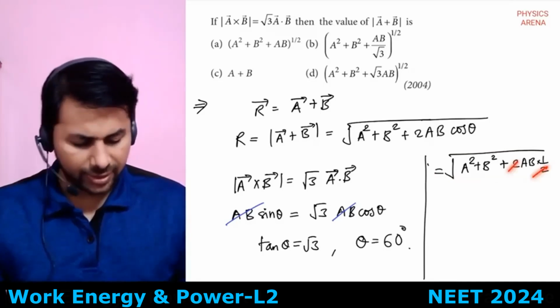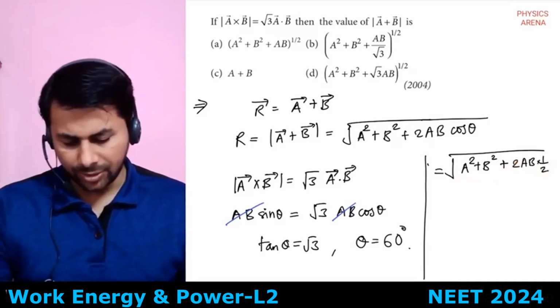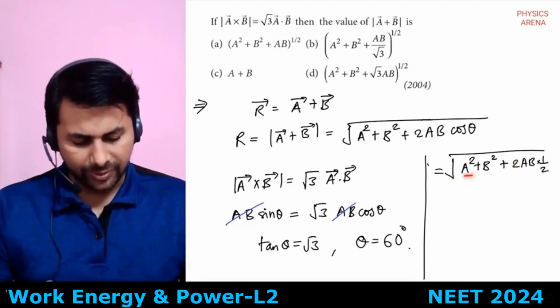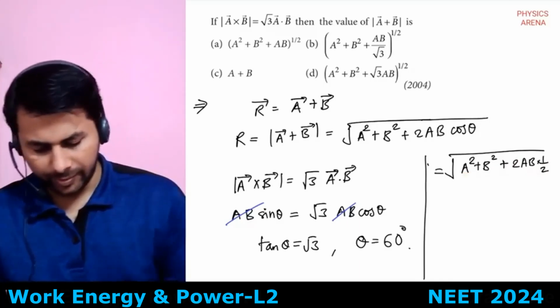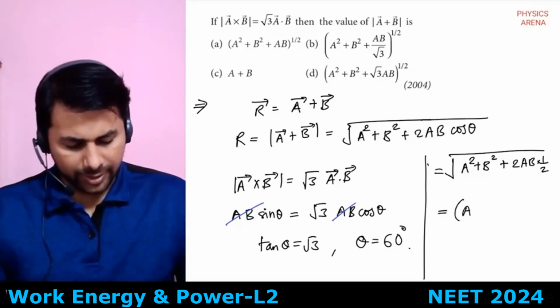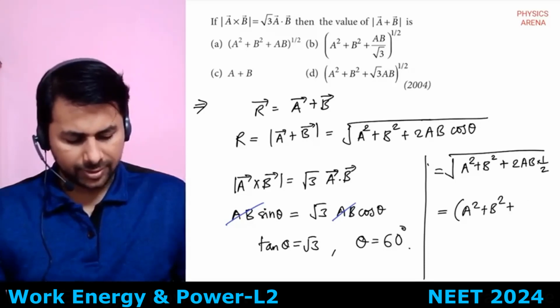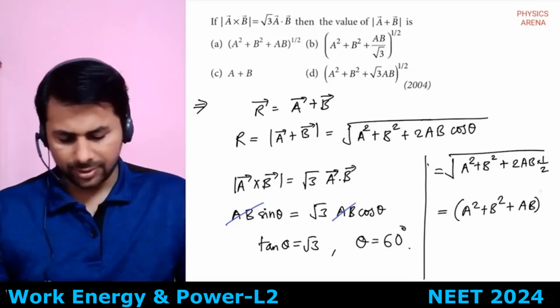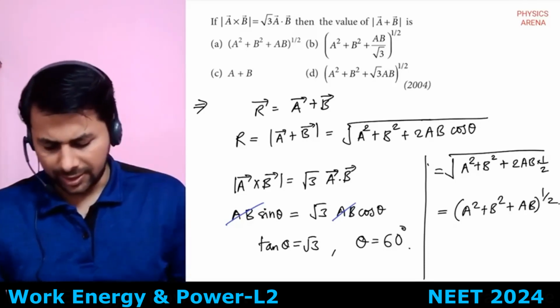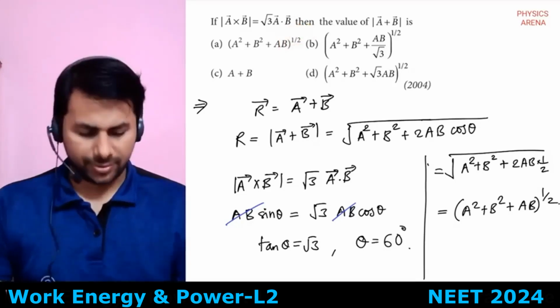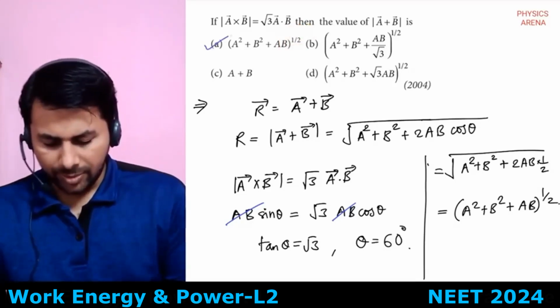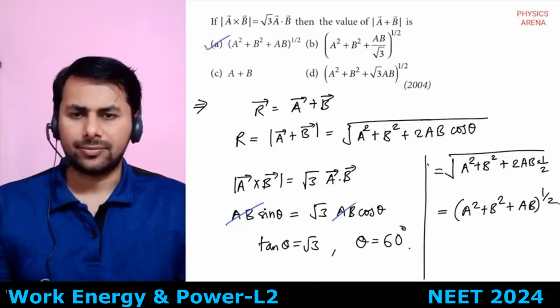So this thing gets cancelled, and your answer should be square root of a square plus b square plus ab. They are writing it like this, raised to half. So option A is the answer.